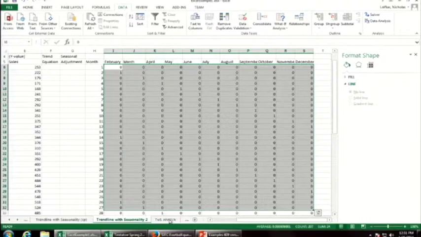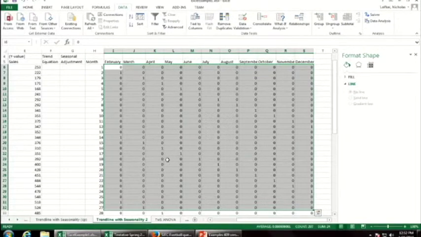Now the other thing that you see to deal with seasonality is multiple linear regression. Here we have variables for all of these months except one. We always leave one out. There's a good reason why. When we come up with these formulas, we always use one month as a base case. For instance, in this case, we're using January as a base case.